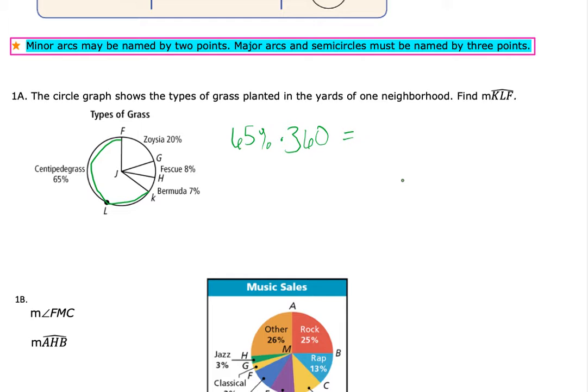When I multiply those together, I should get 234 degrees. This is the same measure as the angle. 234 degrees is the angle and the arc is 234 degrees.